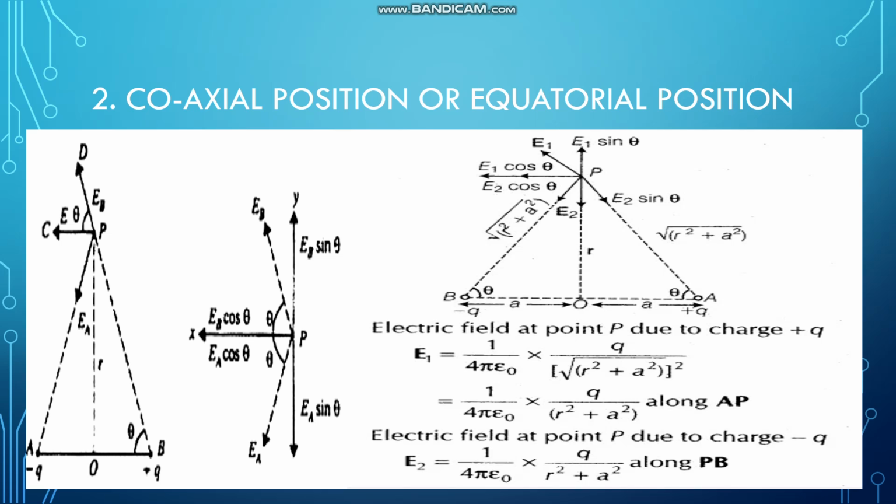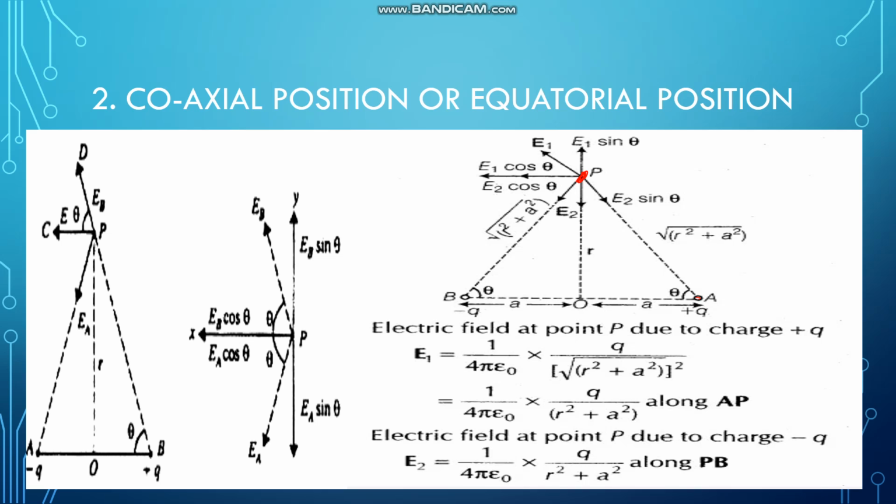So if we see, when we put the test charge at point P, this minus q will attract this test charge, as we generally consider the test charge to be positive, and for this plus q there will be a repulsion force.